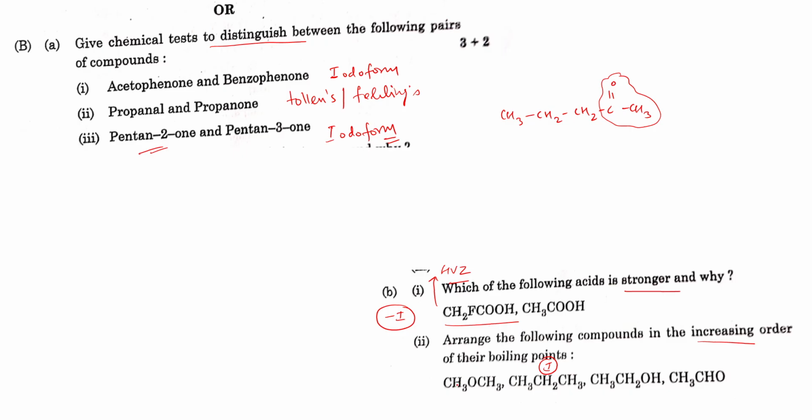Then this is acetone, so this should be the second, because in this one we have only van der Waals forces, and in this one we have dipole. This one is alcohol, so obviously it is going to be the highest because of H bonding. And this is dipole-dipole, so this should be the third one.